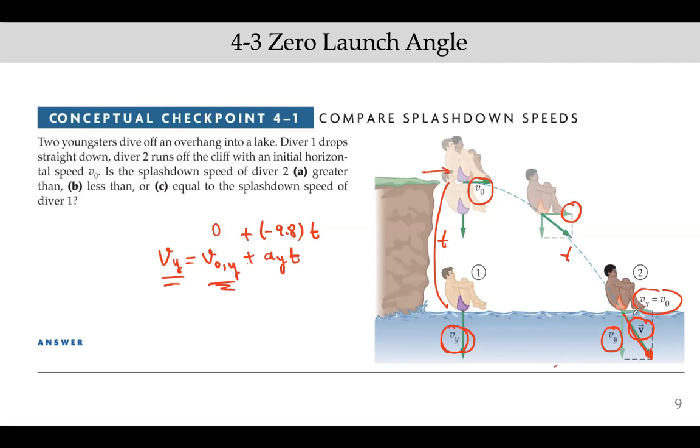So we conclude that this second guy has more velocity, more splashdown speed when he hits the water, than that of the first guy.